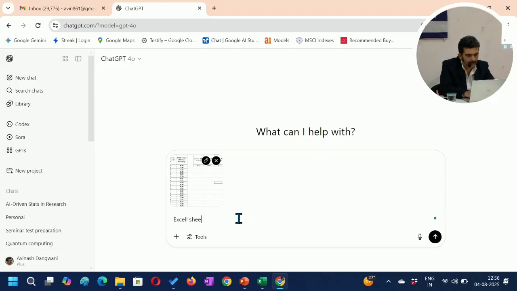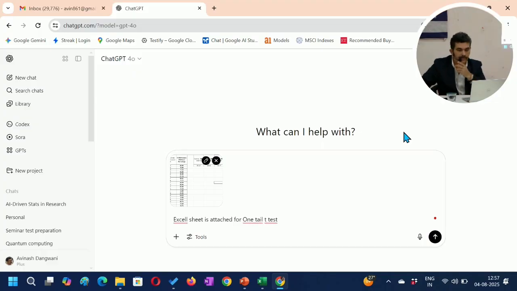Excel sheet is attached for one tail t-test.